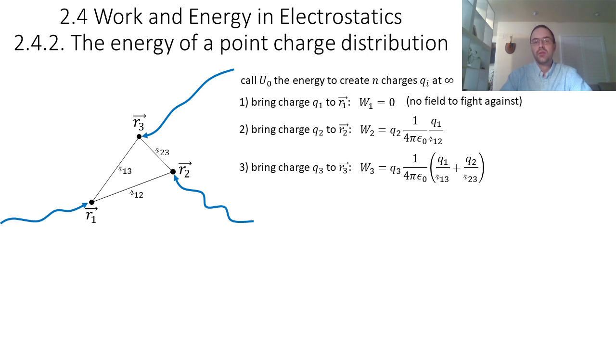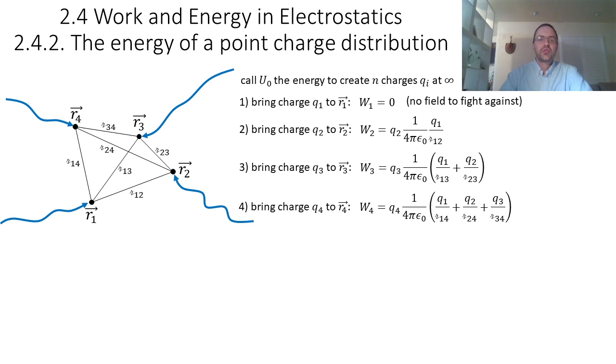Curly R13 is the separation distance between R3 and R1, because what matters is the potential from Q1 at the position of R3. And curly R23 is the separation distance between R3 and R2 for the potential from Q2 at the position R3.